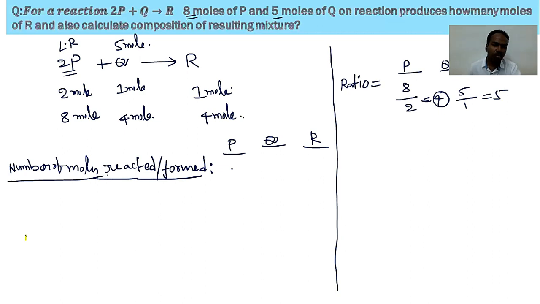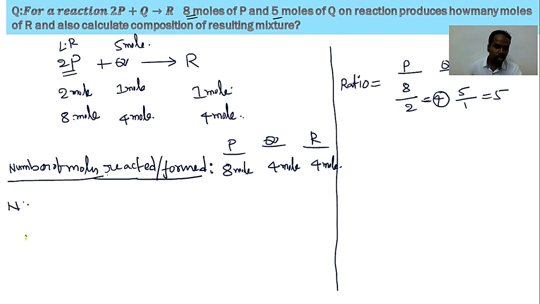I am asking for the reacted quantity. 8 moles of P reacted, 4 moles of Q reacted, and 4 moles of R is produced. So the number of moles of P reacted is 8, of Q reacted is 4, and of R formed is 4.